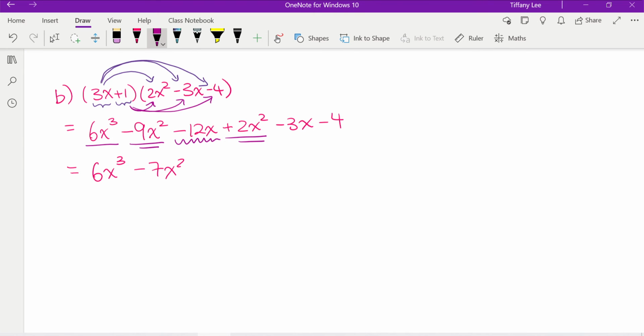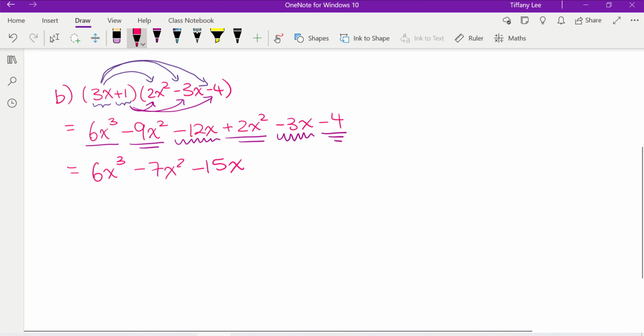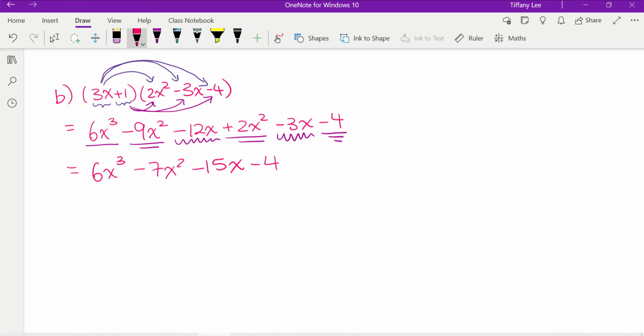Let's see if there's any other like terms with the variable x, in which we do. We have it right here, which is negative 3x. So negative 12x minus 3x, that's negative 15x. And lastly, we have our constant term, which is negative 4. And there you go. So you've expanded, you've simplified, and now you have your simplified expression here.